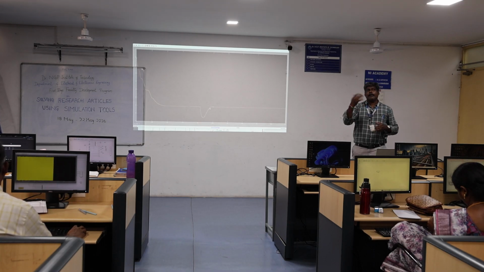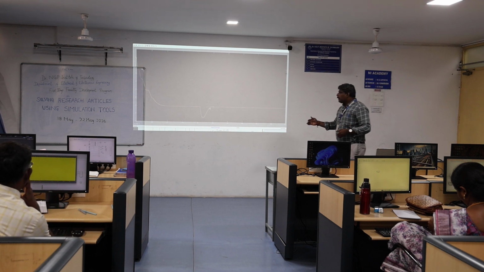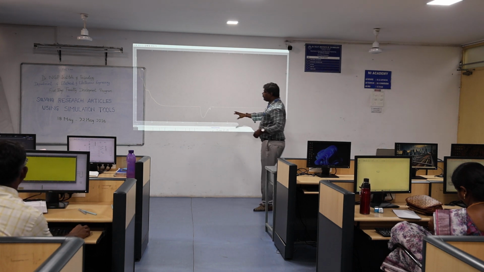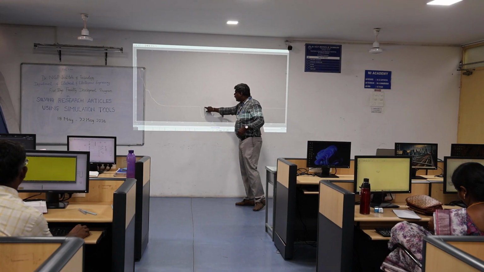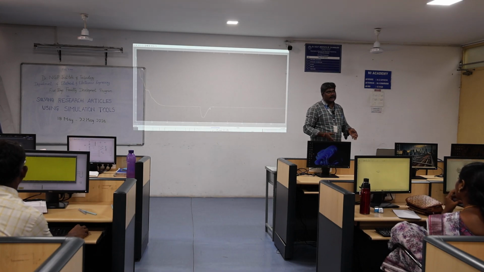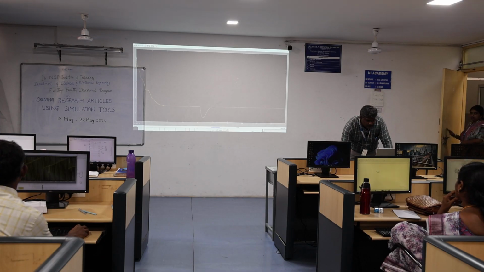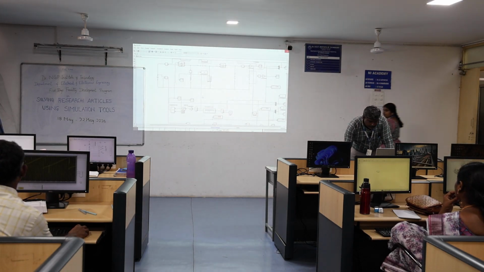If we go for another type of controller, fuzzy or neural, we can minimize this peak overshoot and settle the response quickly. This is the conventional controller, and you can compare it with a proposed controller. For comparison purposes, first you can start with the proportional integral controller.